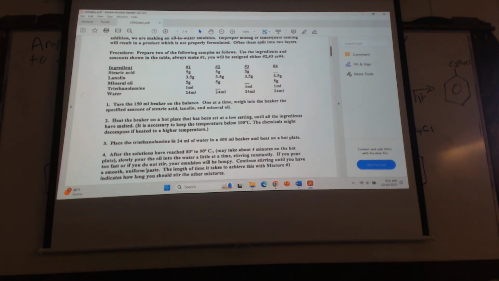Then your final step here, okay, you're adding this 24 milliliters of water and this triethanolamine, these two right here. Okay, place that in a, I don't know if it has to be a 400 milliliter beaker, but place it on a hot plate as well, so you have 2 of them, 1 of all of these, and then 1 of these right here.